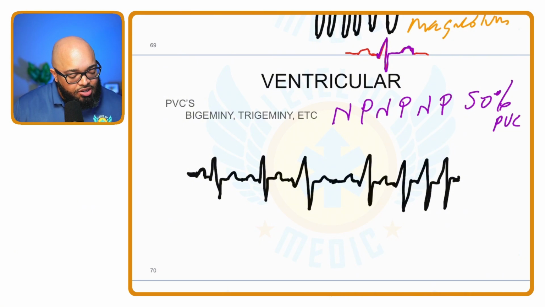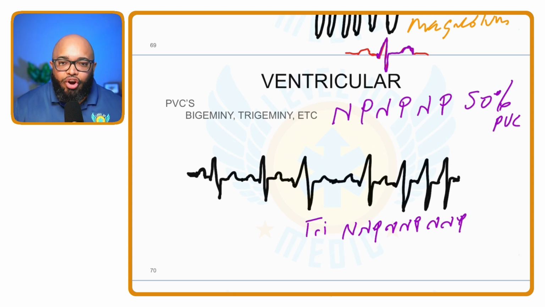However, for instance, in trigeminy, let's say we've got a normal, and then a PVC. A normal, PVC, normal, PVC. Well, in this case, every third beat, or about 33% of the beats, are PVCs.